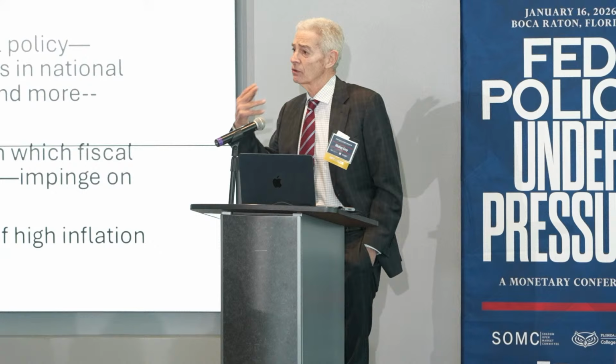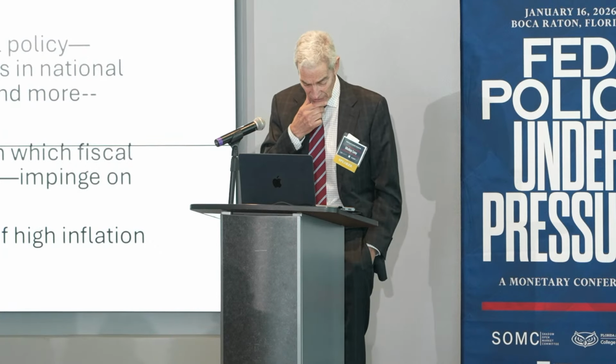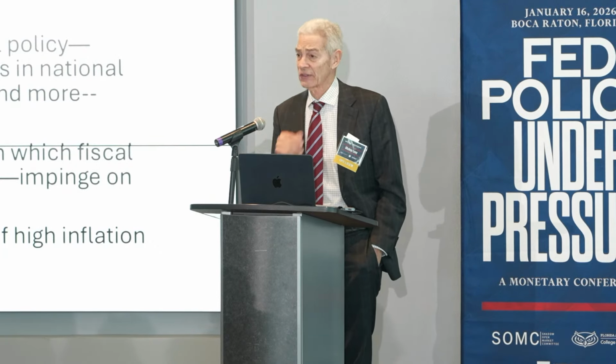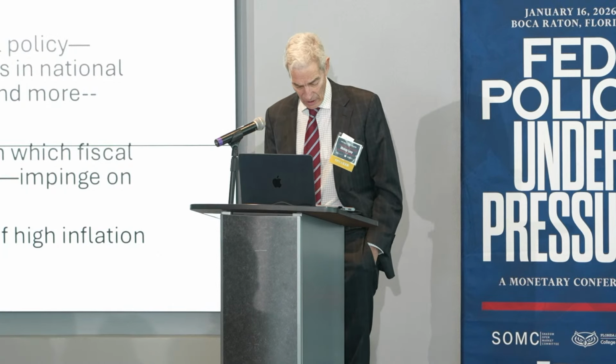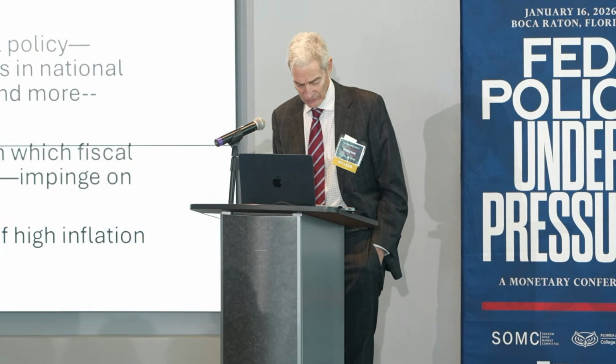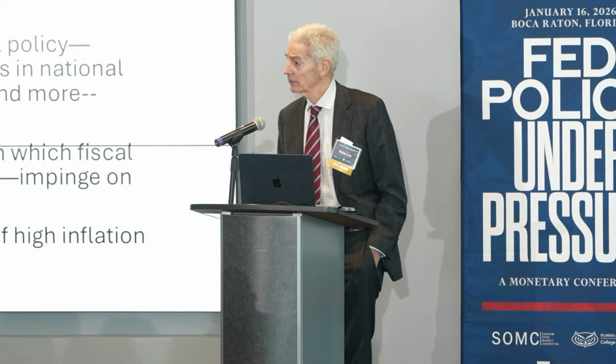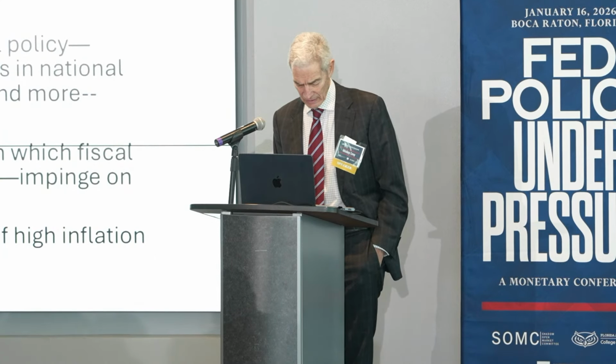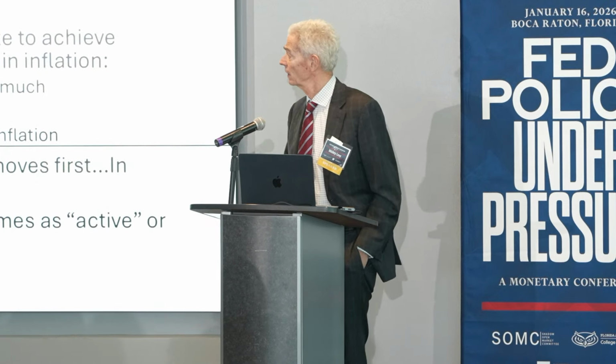And so the issue of fiscal dominance concerns periods in which fiscal extremes, say high deficits, high debt or high debt service, impinge on or influence monetary policy. And such fiscal dominance typically results in bouts of higher inflation.